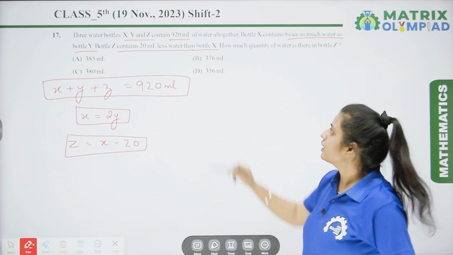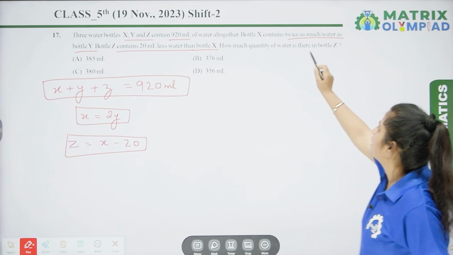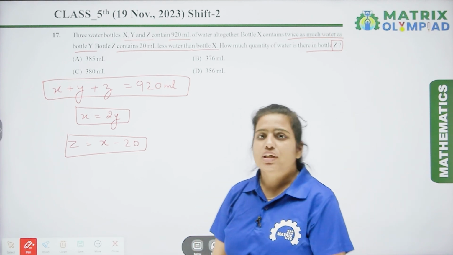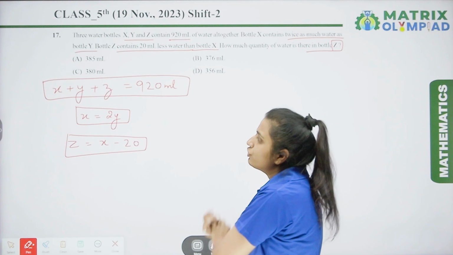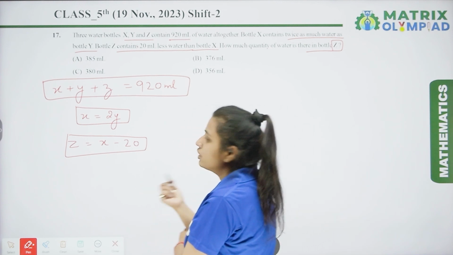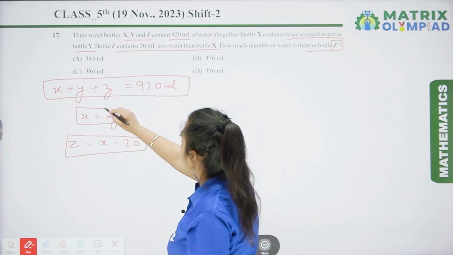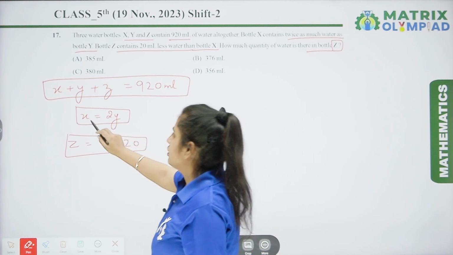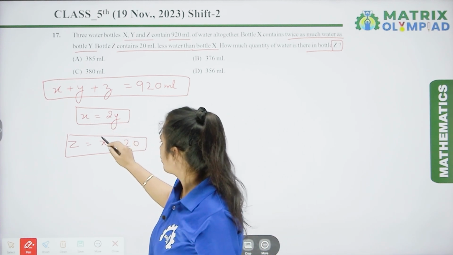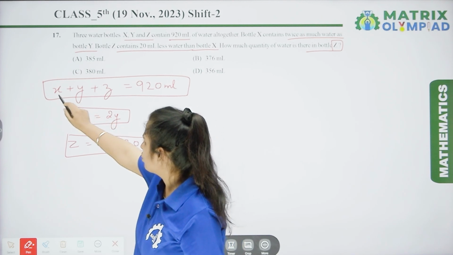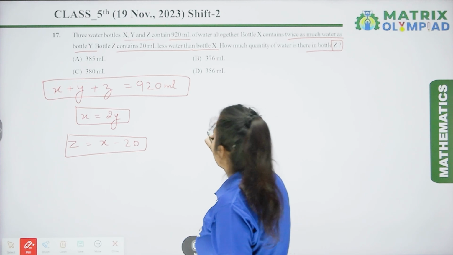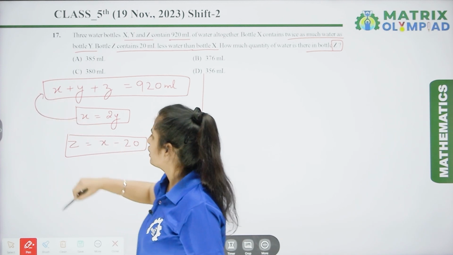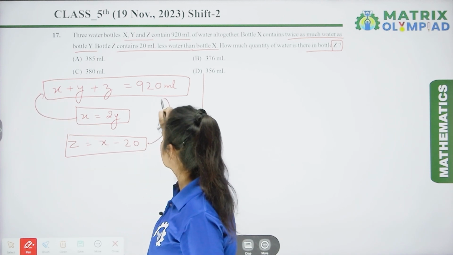Now what we have to find out? How much quantity of water is there in bottle Z? So here we have to find out the quantity in bottle Z. To find out that, let's reshuffle this and find out the value of Z here. So here we know that X plus Y plus Z is equal to 920 ml. The value of X we know, so let's put the value of X in equation 1 and Z also in equation 1.